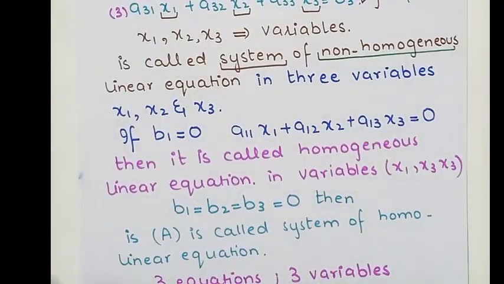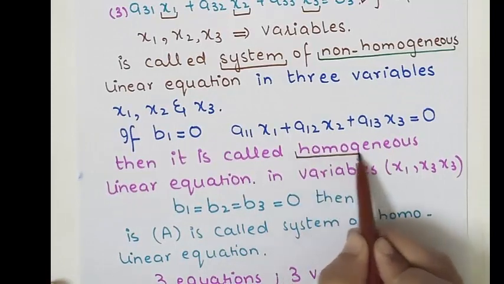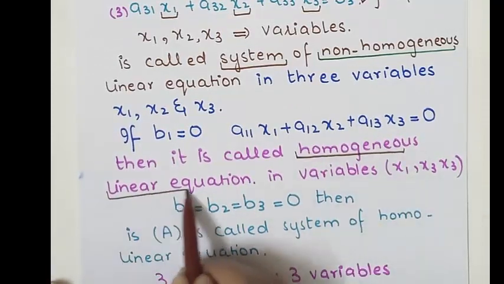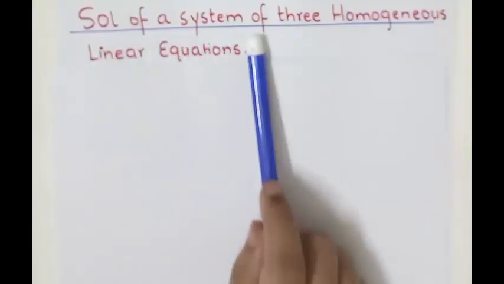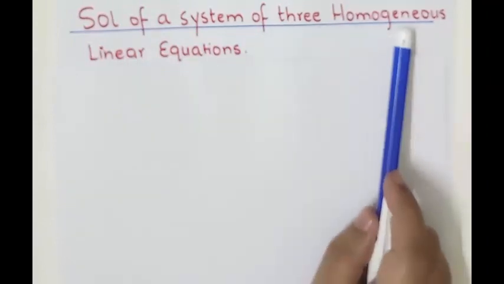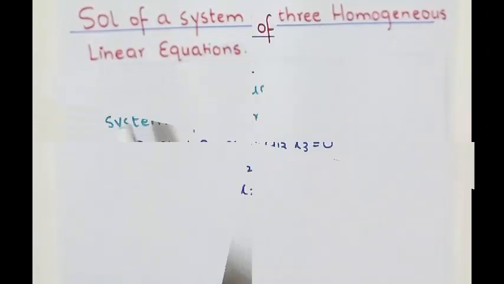Now today we will study in detail what are homogeneous linear equations and what are trivial and non-trivial solutions with the help of an example. So we have a solution of a system of 3 homogeneous linear equations.